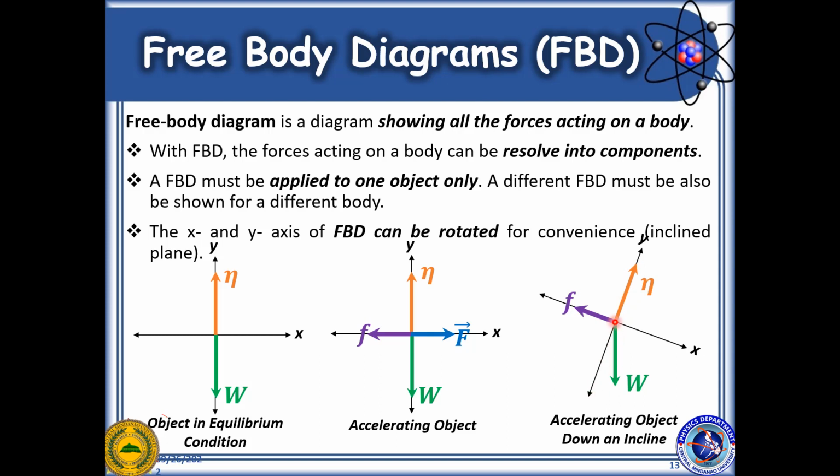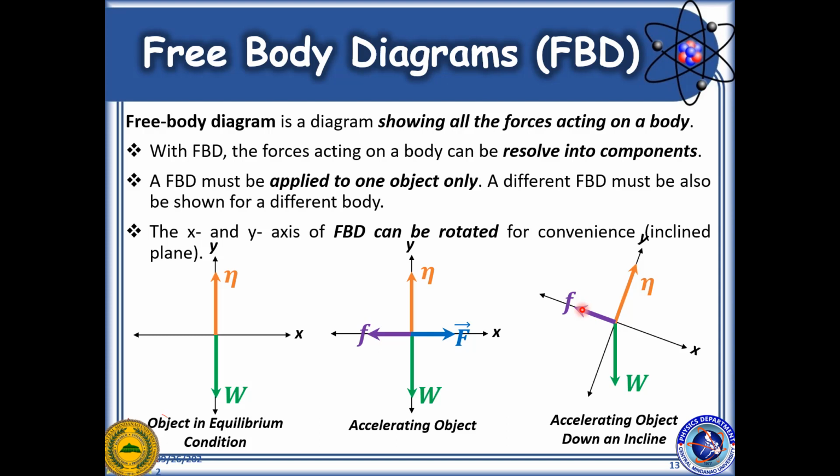And take note that the gravitational force is always directed downwards regardless of the surface. Since the object is accelerating down the incline, the frictional force goes there, opposite to the direction of motion.